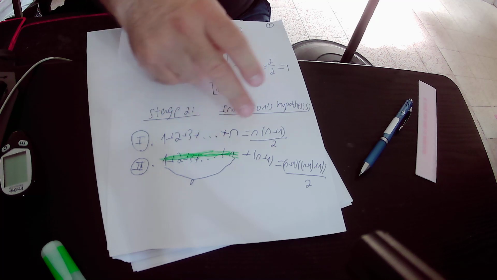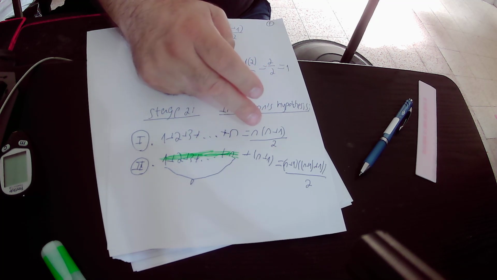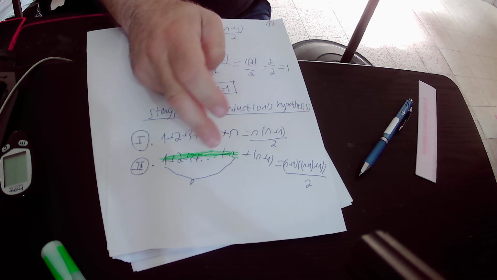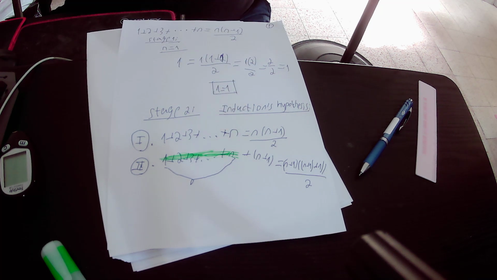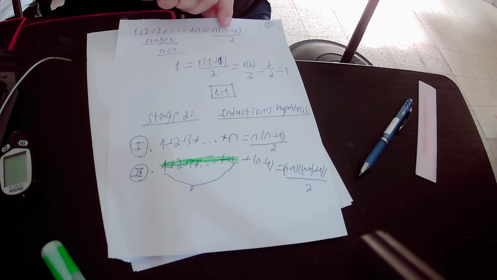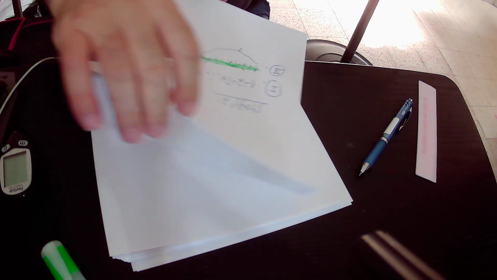There are two expressions that are equal to each other. So we'll substitute it by n times n plus 1 divided by 2.